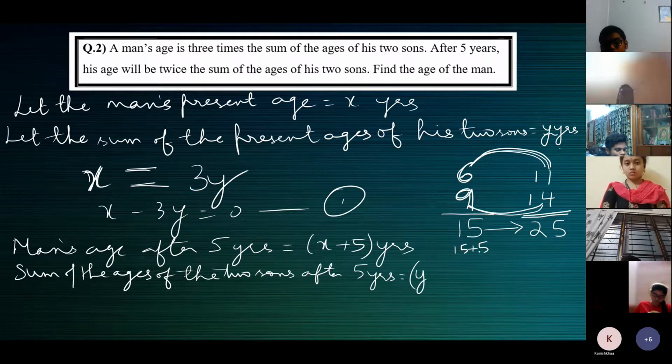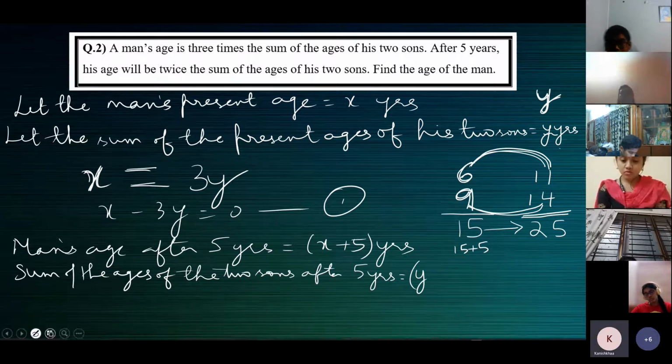His age also will increase by 5, right? So you must add 10 because there are 2 boys. Supposing y was the sum of the ages of 3 boys, then you must add 15.